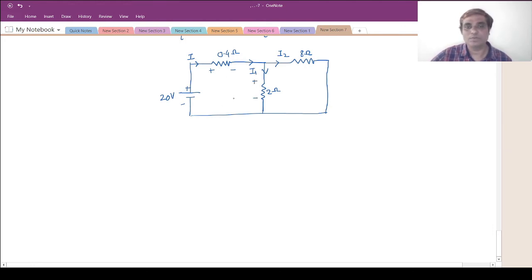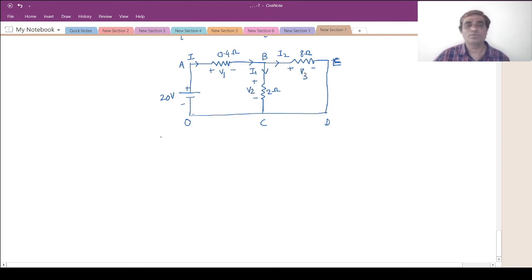Let me name the nodes O, A, B, C, D, and suppose this is E. Now, in order to find the currents and voltages in each branch, let me name the drops: this is V1, this is V2, and this is V3.